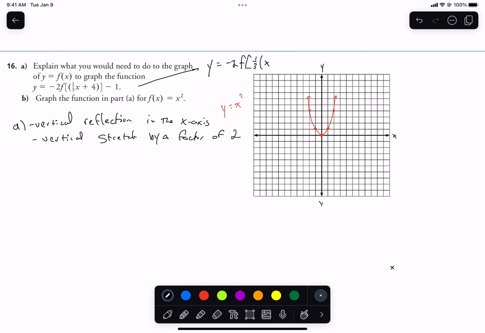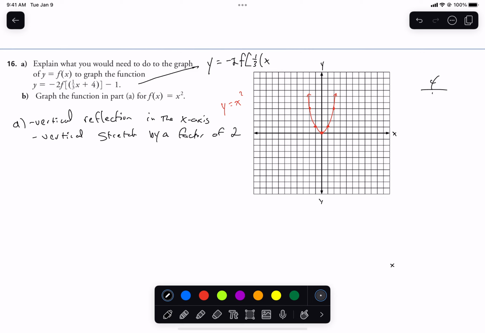I've factored the 1/3 out, so when I take 4 divided by 1/3, that equals 12. So I'm going to have x plus 12 on the inside, which isn't going to work very well for our graph when we graph x squared, but that's okay. Then minus 1. So we've taken care of the two components on the outside so far: the vertical reflection and the vertical stretch.